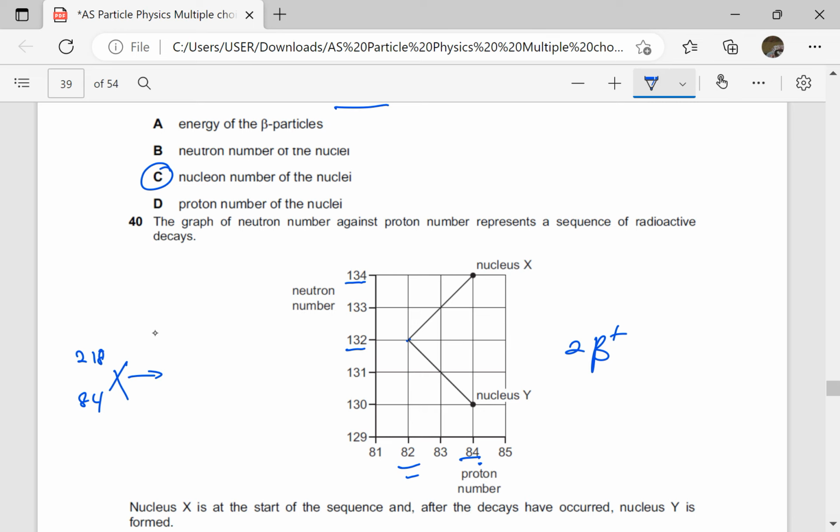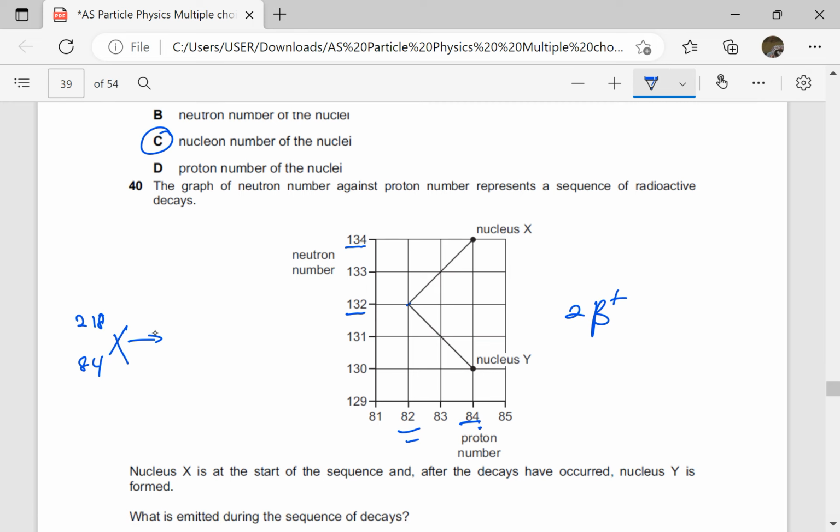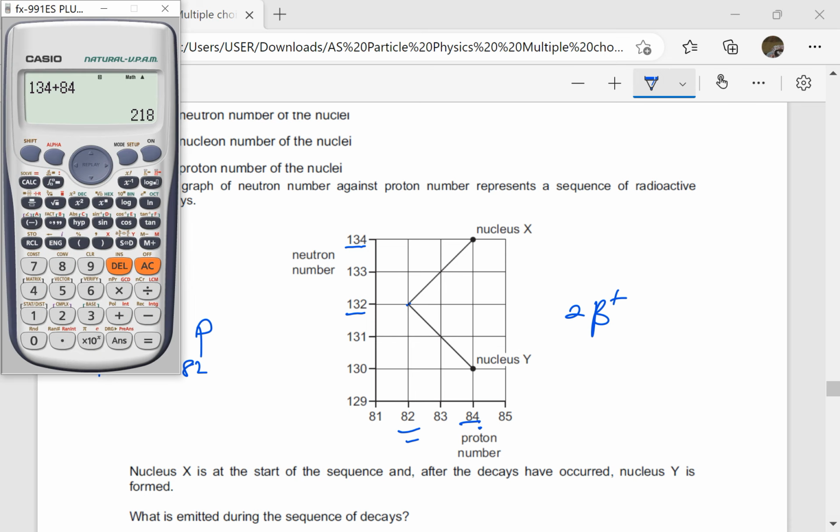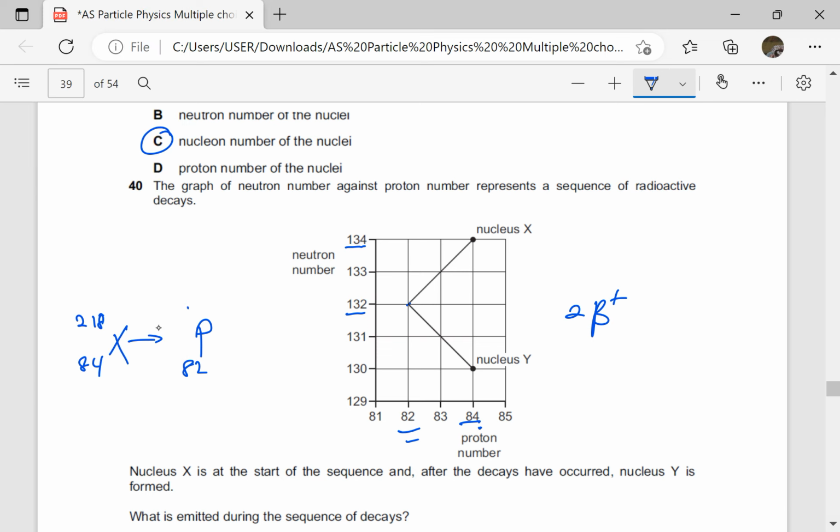It is now giving us a nucleus, let me call it P. Proton number is 82, and the nucleon number is 82 plus 132, so this is 214.